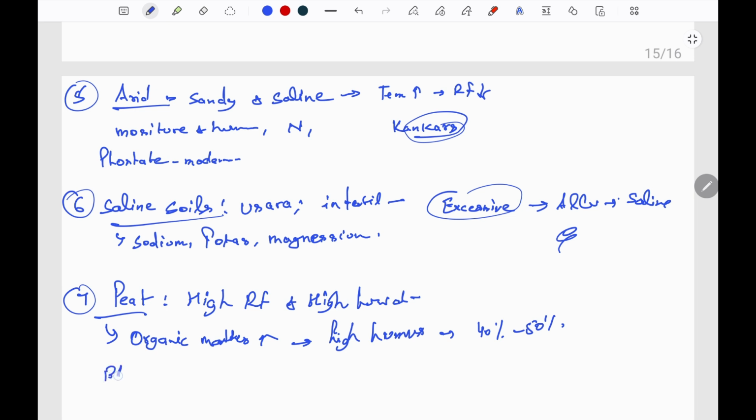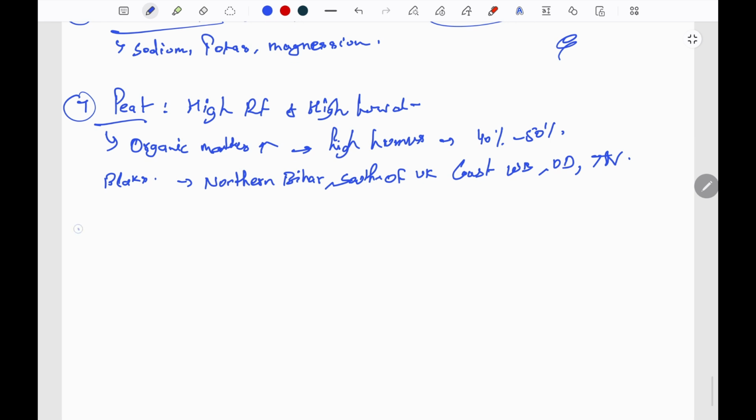These are generally black in color, and it occurs majorly in part of northern Bihar, south of Uttarakhand, coastal areas of West Bengal, Odisha, and Tamil Nadu.